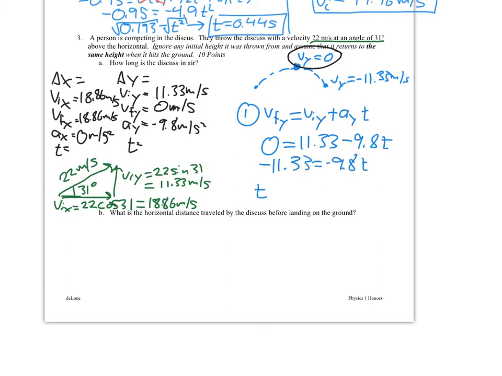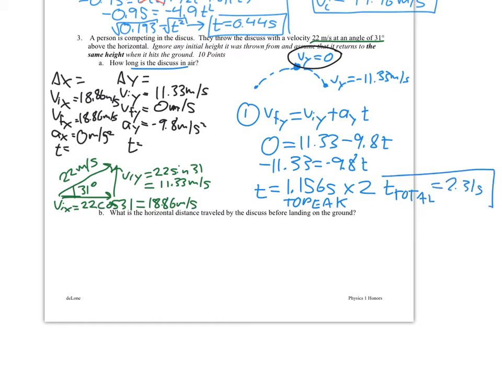So I get a time here of 1.156 seconds, but that's my time to the peak, all right? If I want to find my total time, which is what this is really asking about, just how long is it in the air, I'm going to multiply that by 2, because the time to the peak is half the total. And so I get that the total time in air is going to be 2.31 seconds. And there's my final answer for the first part.